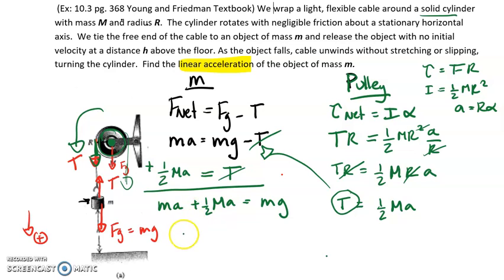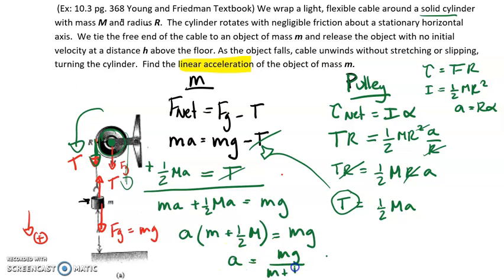Cool. Now let's factor out an a. Then we'll have a times little m plus 1/2 big M equals mg. Cool. Now let's solve for a. So a is going to be mg over m plus 1/2 big M.